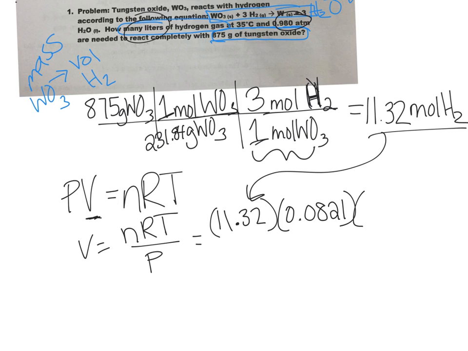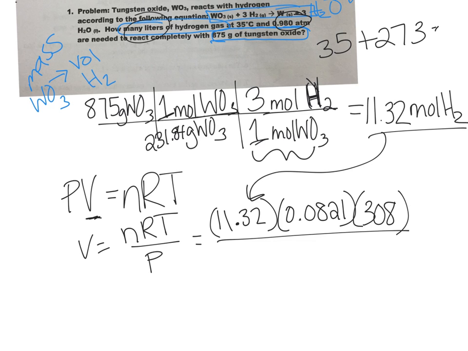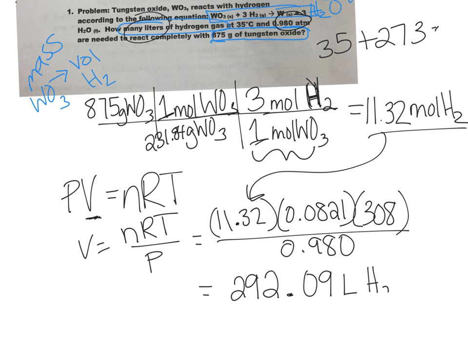Temperature is given to us in Celsius, so what is 35 converted? 308 Kelvin, awesome. Then we divide by pressure, 0.980. When you type that in, you should get 292.09 liters of hydrogen, so make sure you get that answer.